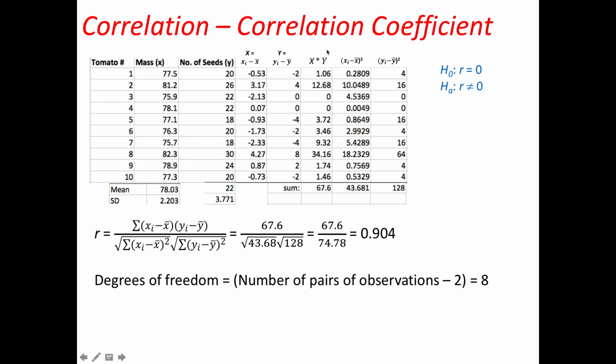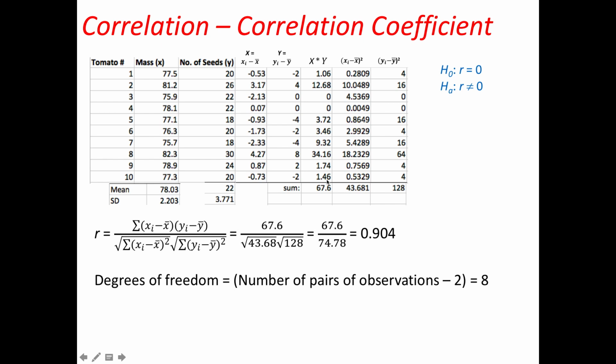Then for each one of these, to get the value of the sum of these individual differences, you take x and y, x times y, so this times that equals 1.06.